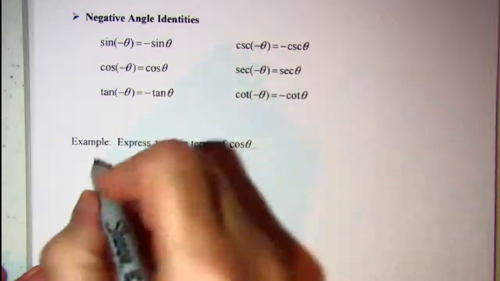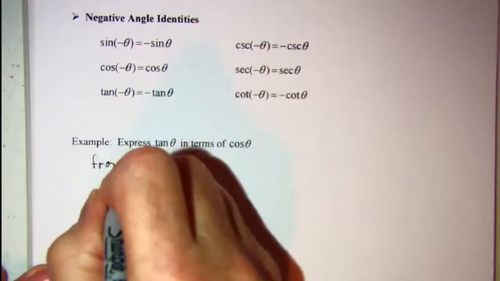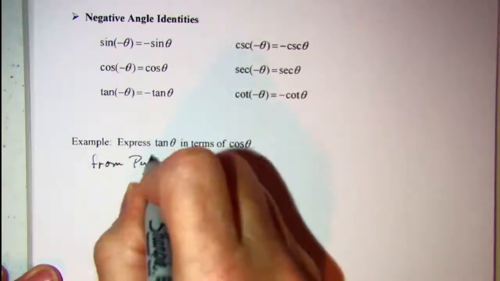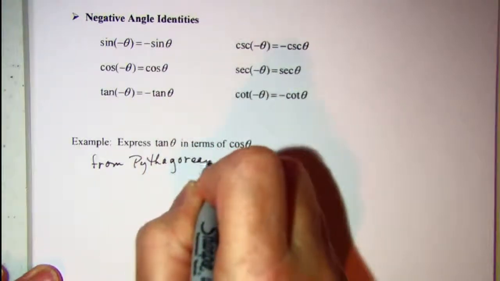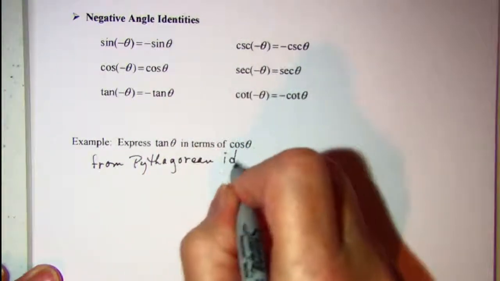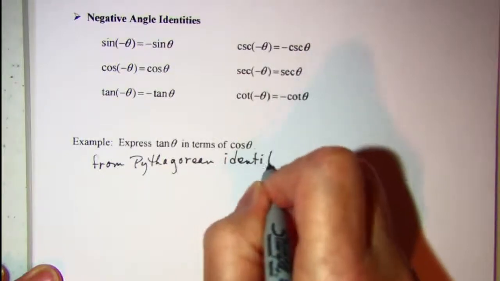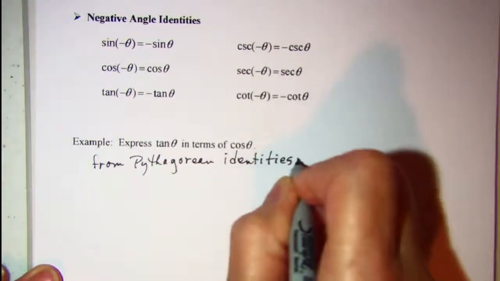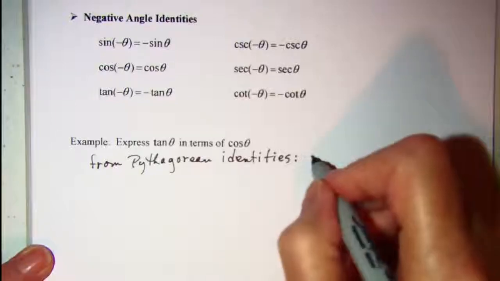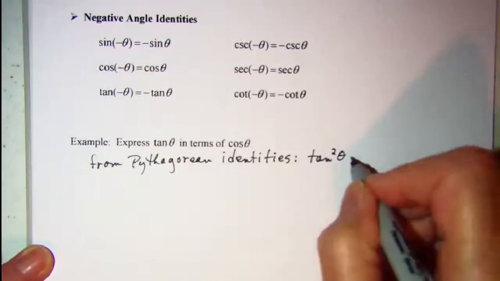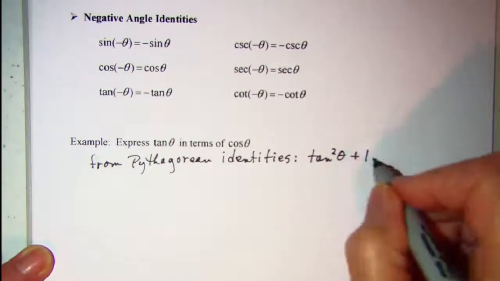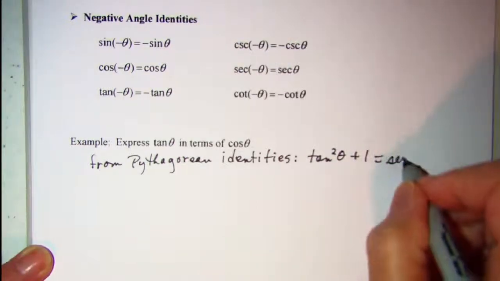Alright, so from Pythagorean identities, we know that tangent squared theta plus 1 equals secant squared theta.